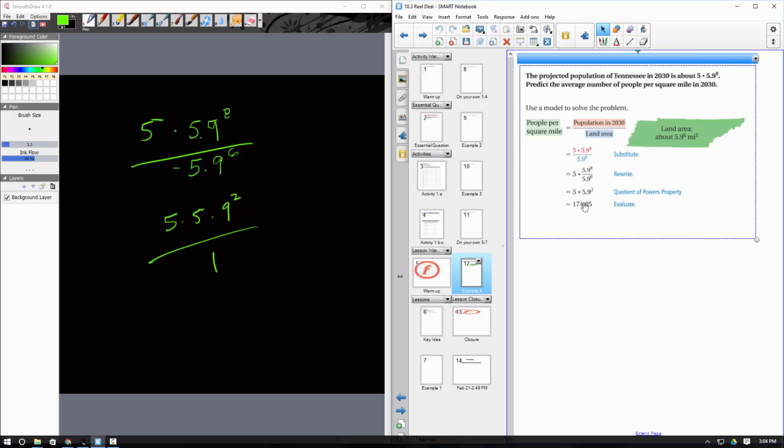Which, when I figure that out, will end up being about 174.05, and that would be people per square mile. So that's how you figure these out. And then, of course, we have our homework, but that is really the lesson for today.